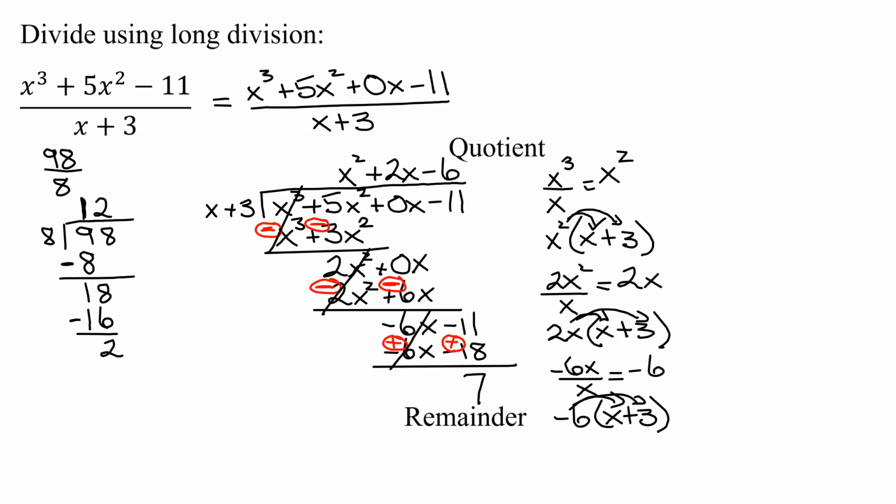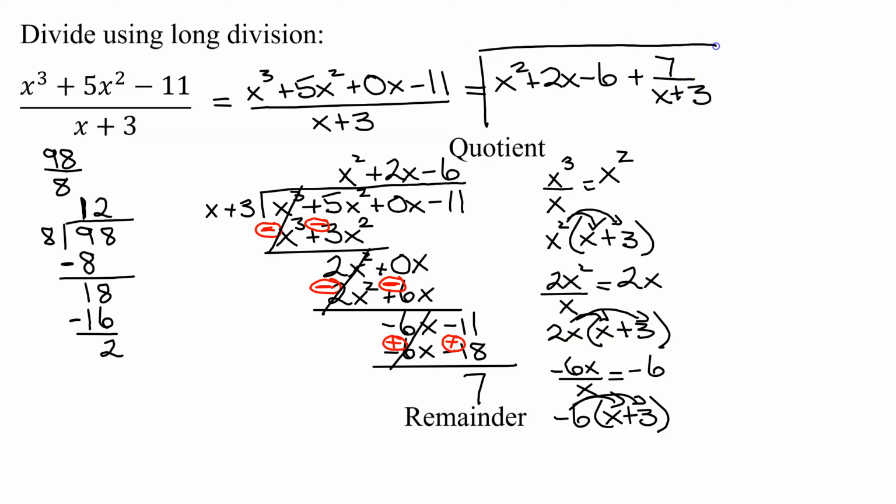But normally we write the answer as the quotient x squared plus 2x minus 6, then plus the remainder of 7 over the divisor of x plus 3. So that is the way we normally write our answer.